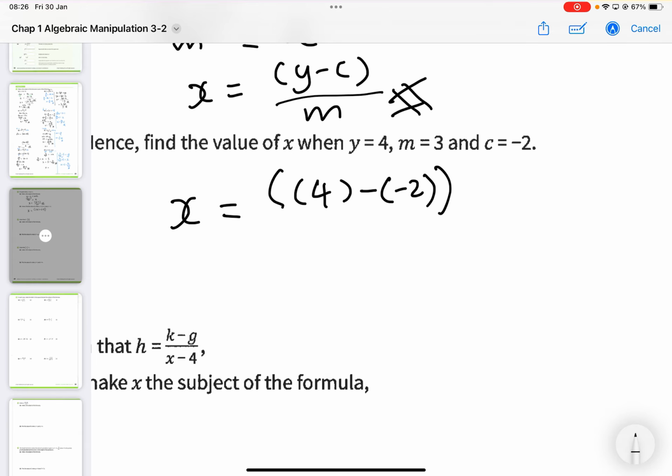So here is an important point. This minus belongs to the original equation. But a lot of students, if they don't put a bracket, when they substitute c equals negative 2, they think that negative is already there, so they don't need to write the negative. Then they just write a 2 because here there is a negative.